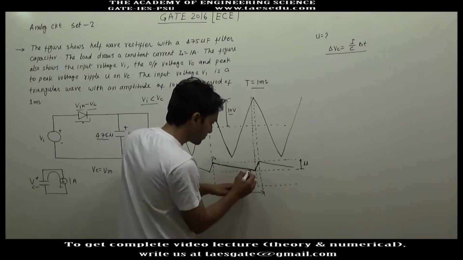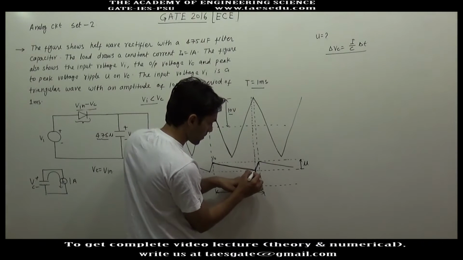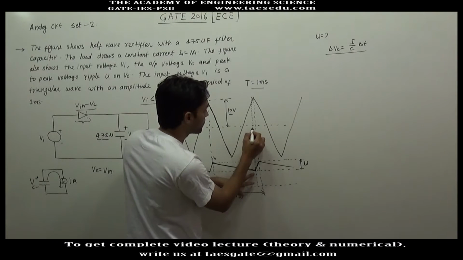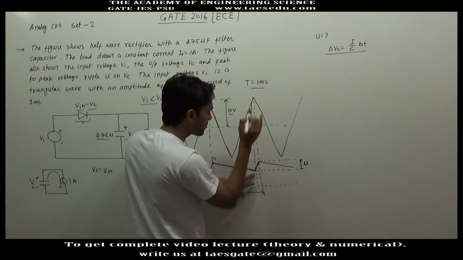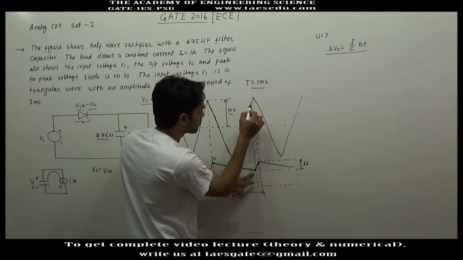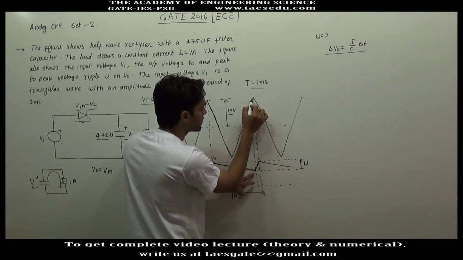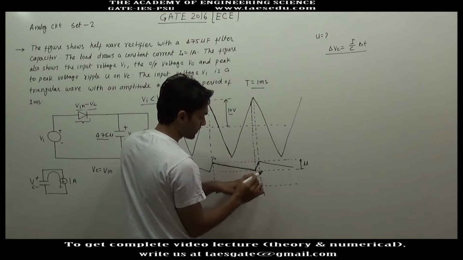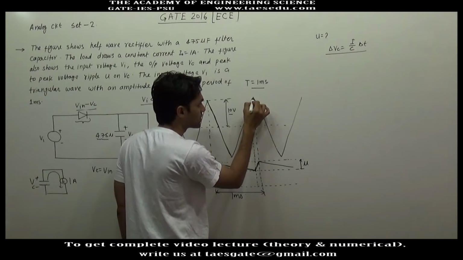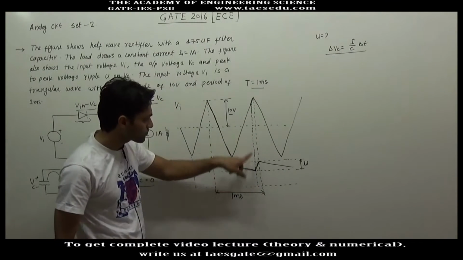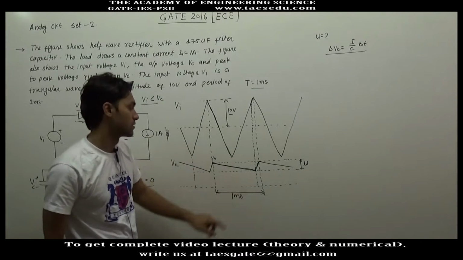But at this point, the capacitor voltage and input voltage became equal, and after this point, the rate of increase of input voltage is greater. So after this point, input voltage will become greater than the capacitor voltage.